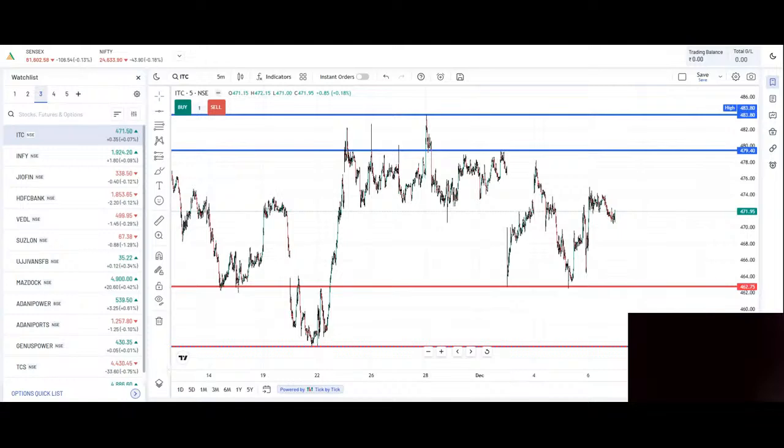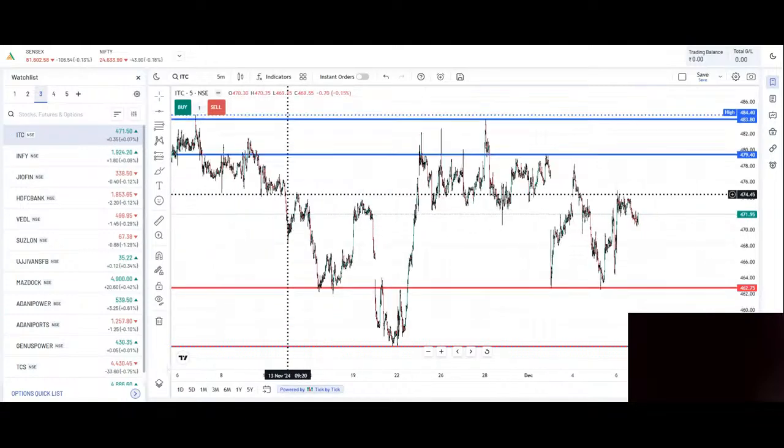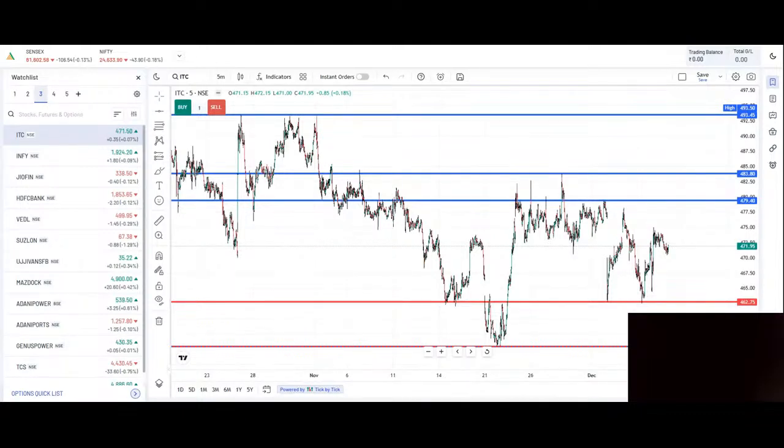And if you remember in our previous videos, we had bought HDFC at 1633. It was in the month of August where we had bought it at 1633 levels.